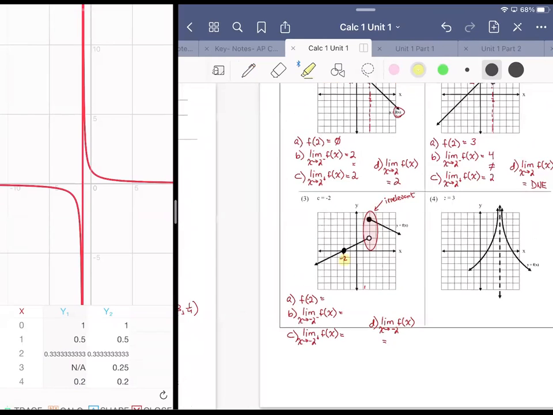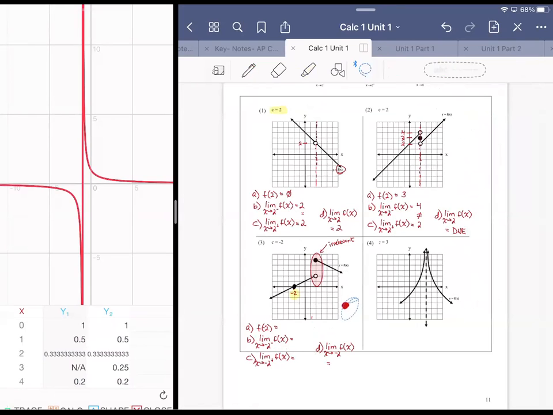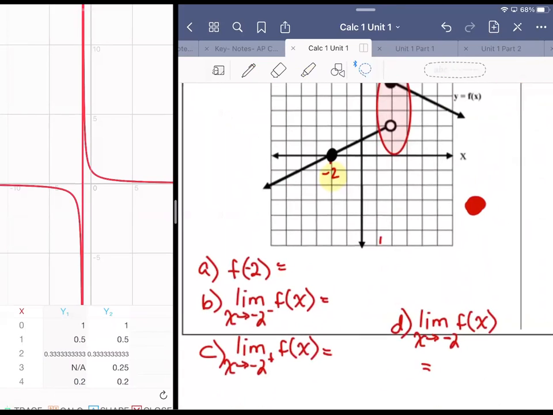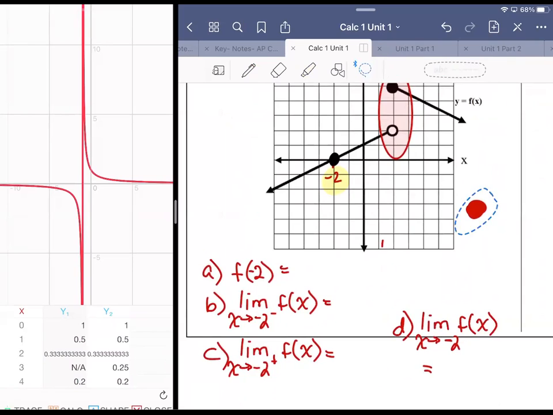I'll take my point, bring it in from the left-hand side. As I approach this location, I'm approaching this point here. The first question is asking what the y value is at that location, which is 0. What am I approaching? I'm approaching that solid point from the left and from the right.